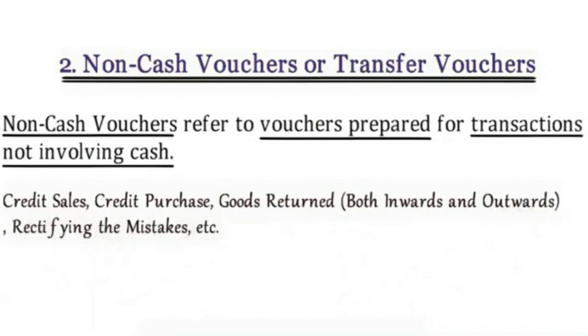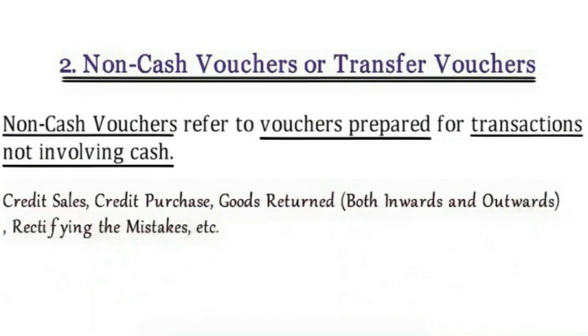The examples you can see: credit sale. When you make a credit sale, you don't receive cash. When you make credit purchases, you don't pay cash. Goods returned by you, you are not receiving cash back.